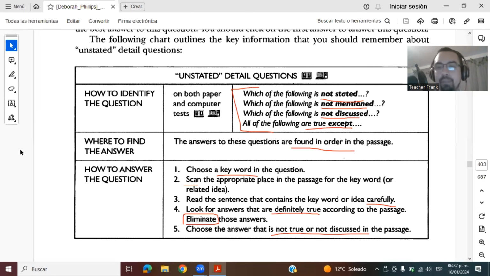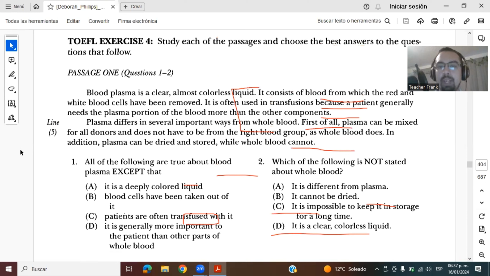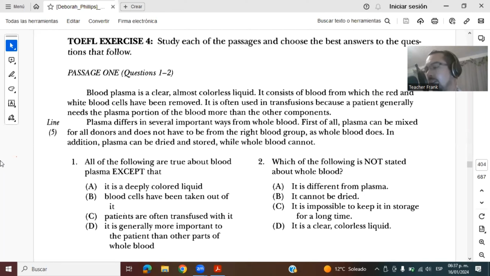Okay, so let's go down here and check out the first example, which has questions 1 through 2. So I recommend you pause the video, take a moment, read the passage, answer the questions, and in a moment we will check them, okay? All right, ready? So number 1 in this case is going to be A. It is a deeply colored liquid.